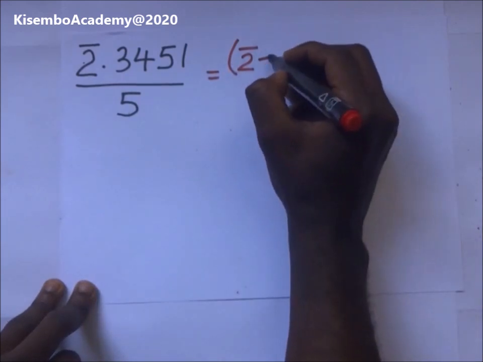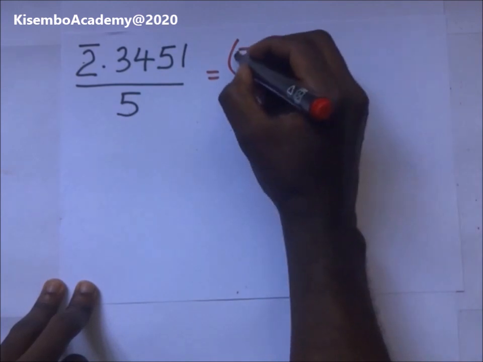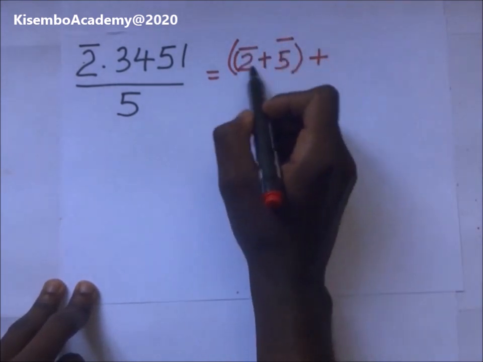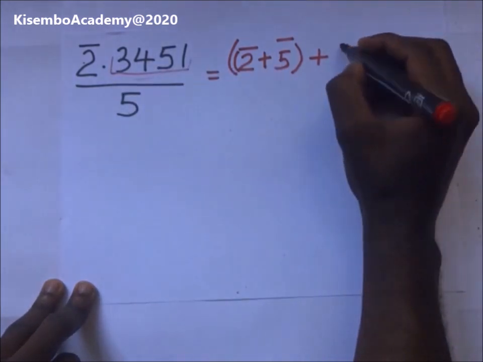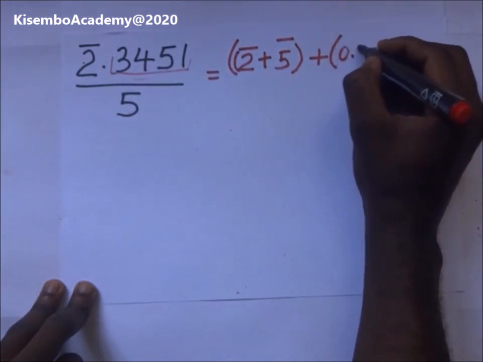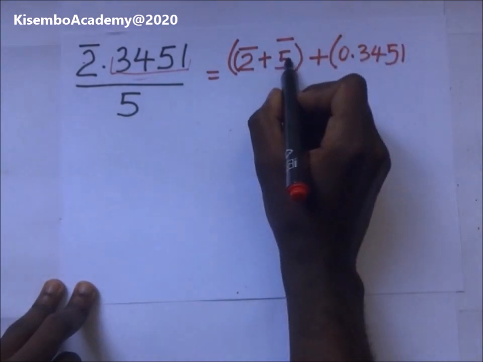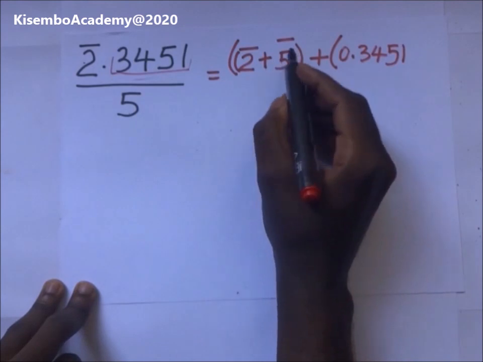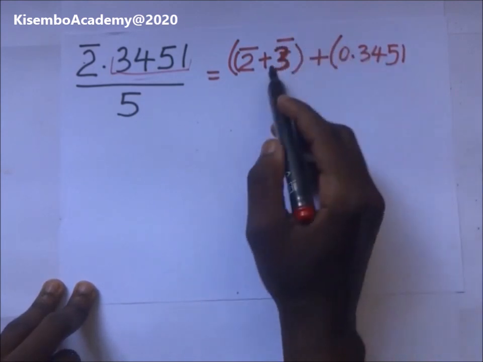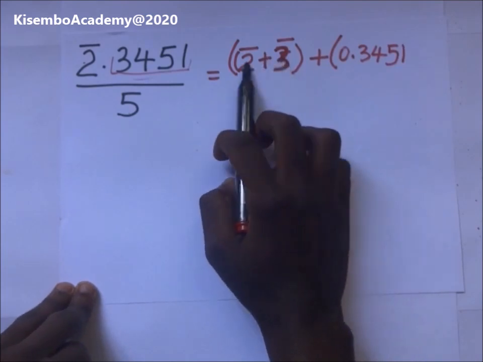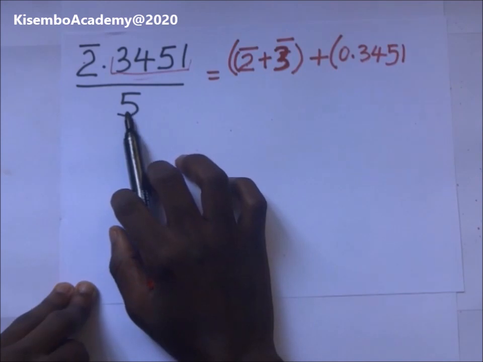So you shall add, plus 5 bar. This is the negative characteristic, then the mantissa we deal with separately. So it's going to become plus 0.3451. Since we added 3 to the characteristic, it's supposed to be 3 bar, so that 3 plus 2 is 5, because 5 is what is divisible by this.